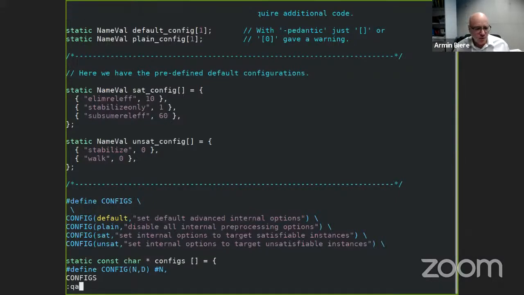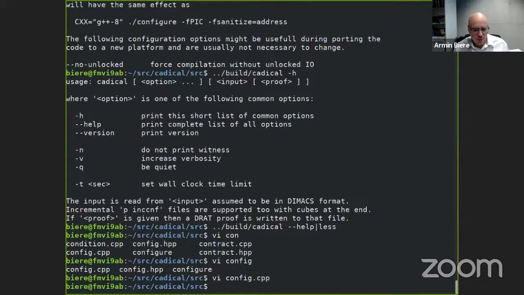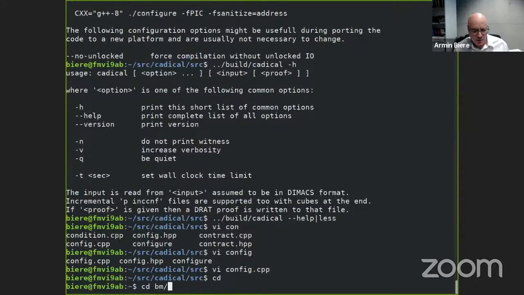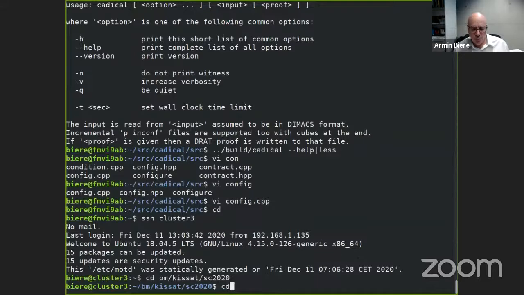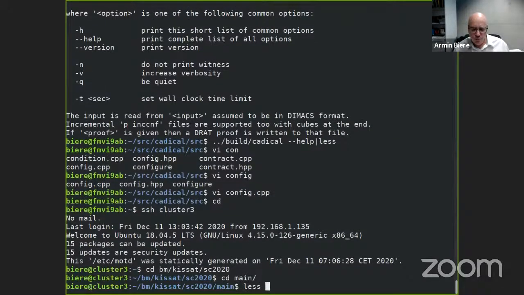Maybe I'll just show you one of the latest runs I have on the cluster. I'm working on KiSSAT for this all-UIP thing. I need to go to the cluster, and take KiSSAT 2020, maybe the latest one.